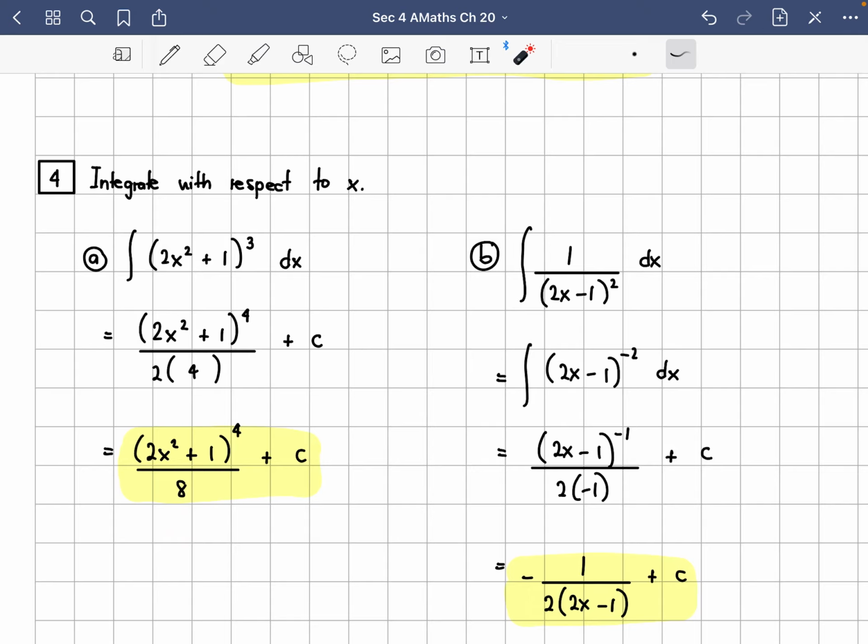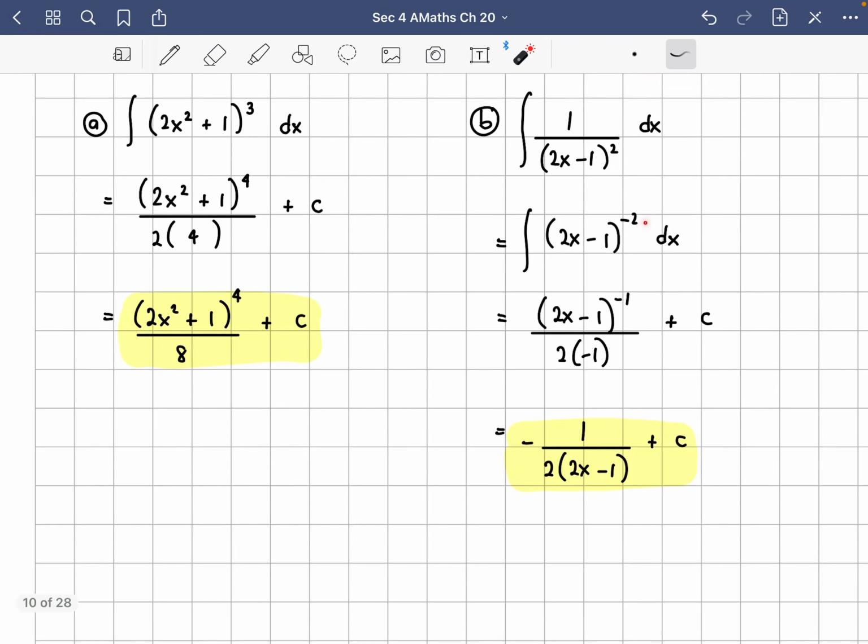That's letter A. Now for letter B, what is the antiderivative of 1 over 2x minus 1 squared? Again, since we don't have any quotient rule, I'll just rewrite our question. It becomes 2x minus 1 raised to negative 2. That's it. So how do we answer this?